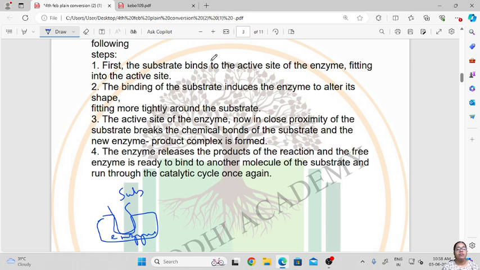The binding of the substrate induces the enzyme to alter its shape. So whatever the shape of the substrate is, the enzyme will change its shape so that the substrate fits into the active site of the enzyme, or the site of binding. If the substrate is of this shape, then the enzyme will change its shape to this, so that this fits into the enzyme substrate complex.